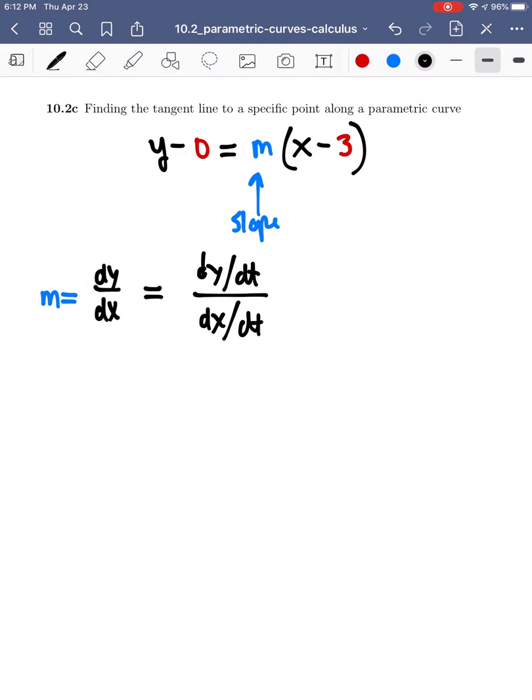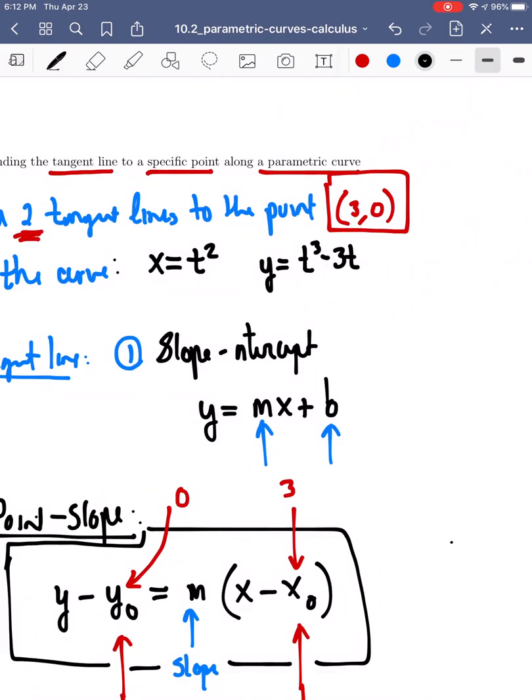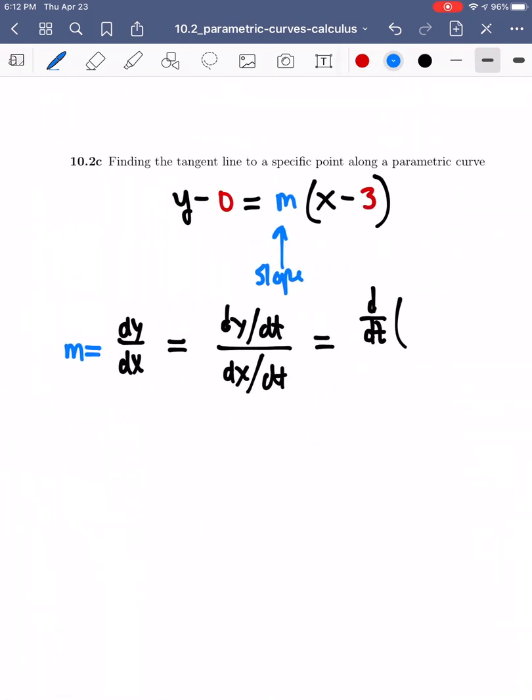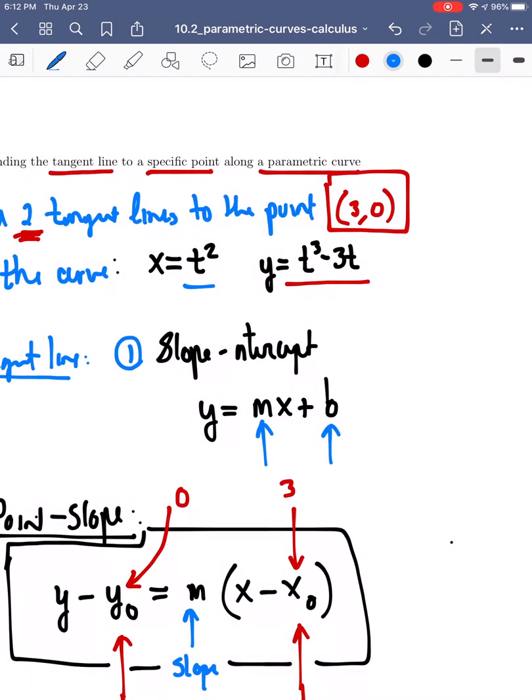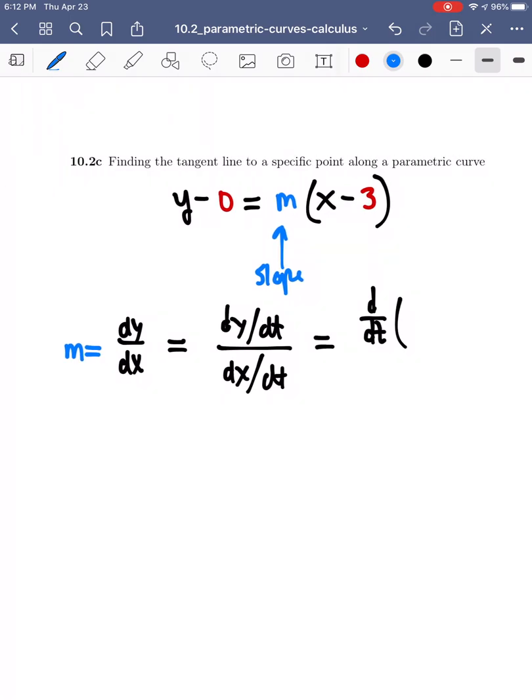Just so we're on the same page from earlier, our function for y was t cubed minus 3t, and our function for x was t squared, so let's just plug those in. So we're taking a derivative of y, which is t cubed minus 3t, and we divide that by the derivative of x with respect to t, which was t squared.